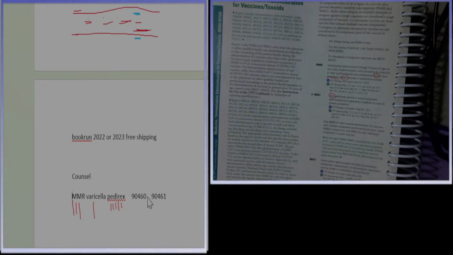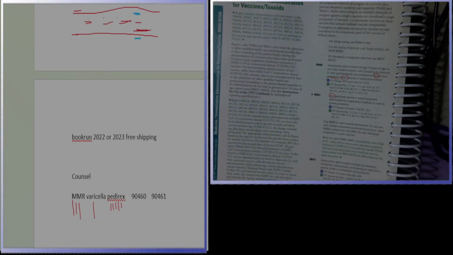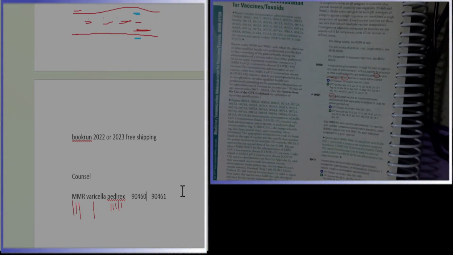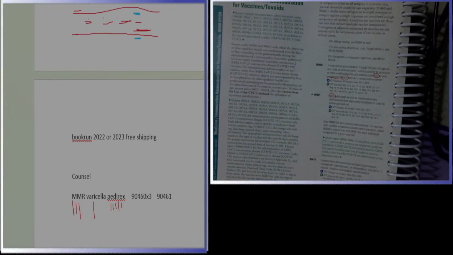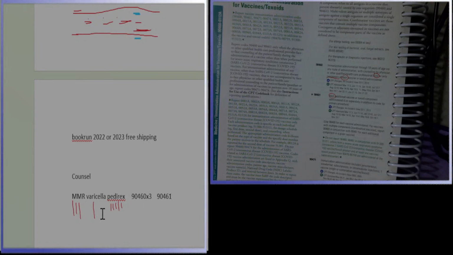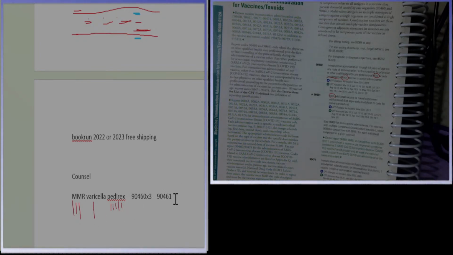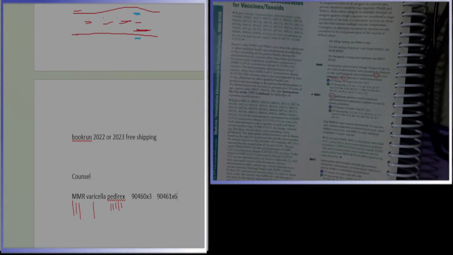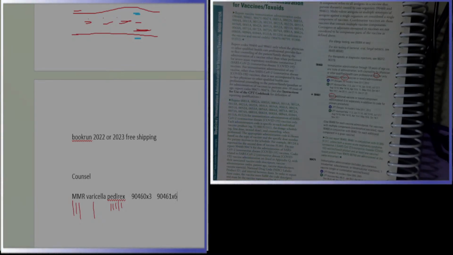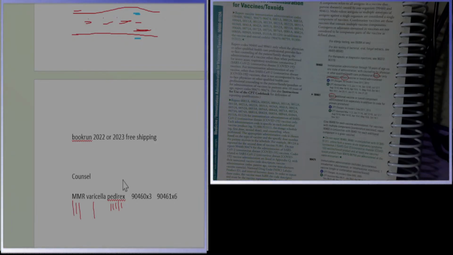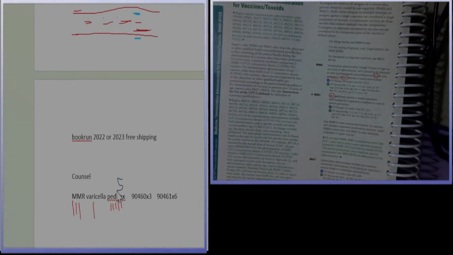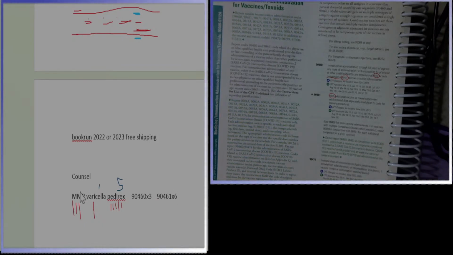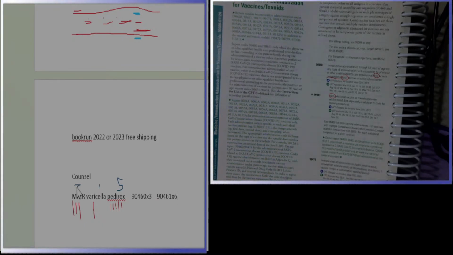So then we're doing this one times 3, and then 6 would be left over, right? Because Pediarex has 5 components in it. Varicella has 1, MMR has 3.